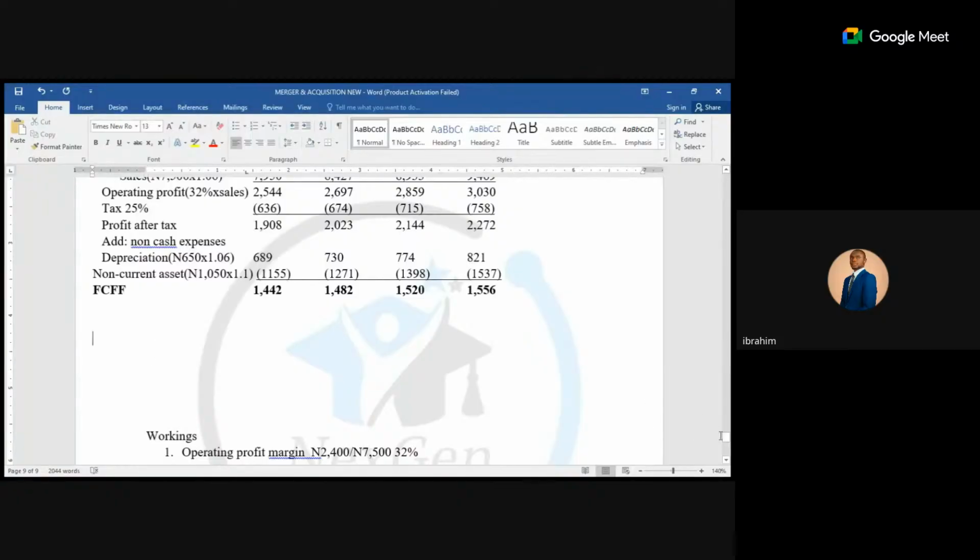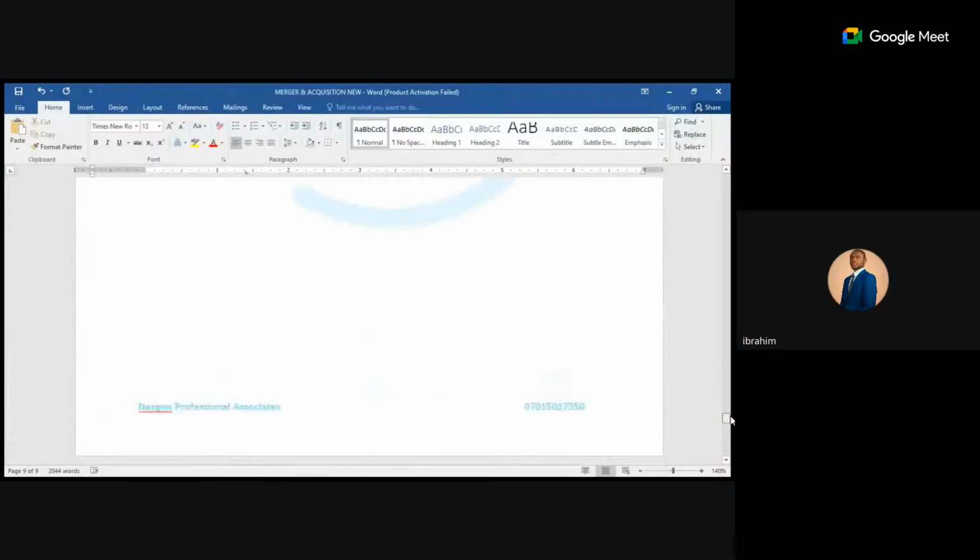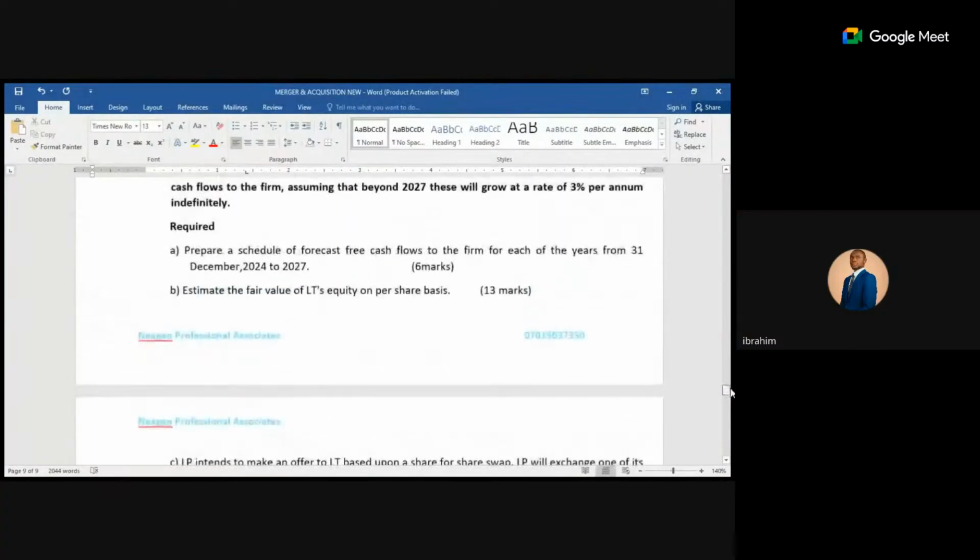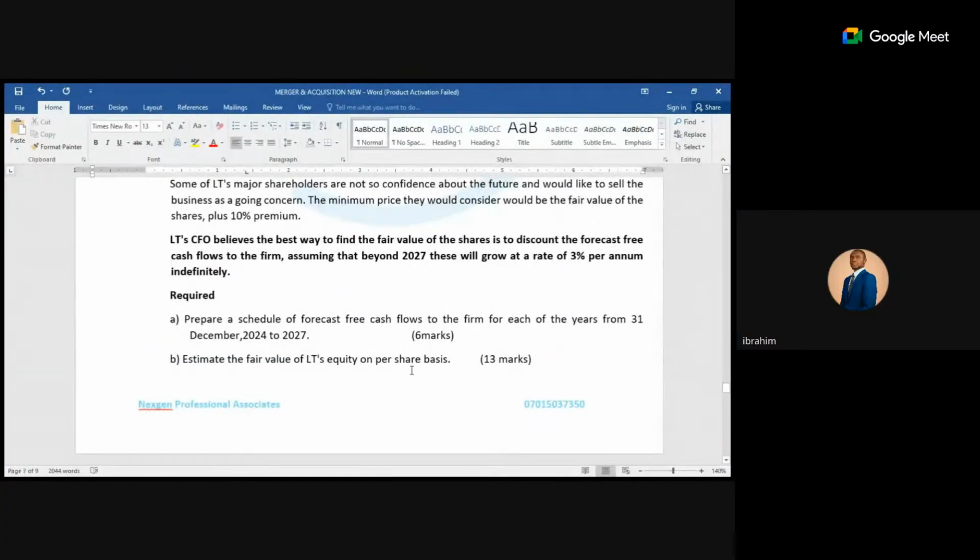We should not forget that the CFO believes that we have to discount the free cash flow to the firm. But the requirement of the question says estimate the fair value of equity on a per share basis.